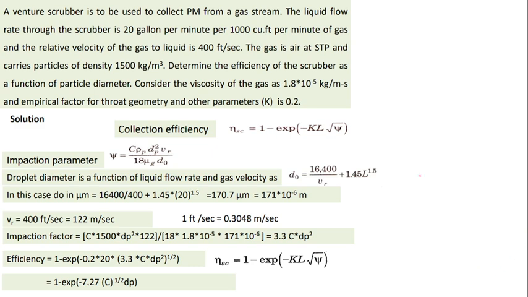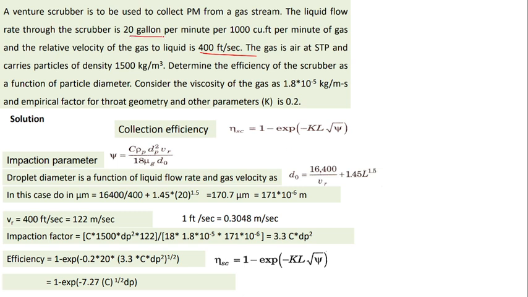So now coming to the solution, as I said, the collection efficiency is calculated using eta is equal to 1 minus exponential of minus KL into square root of psi, and the impaction parameter formula is given here. Droplet diameter is calculated by using this formula. So we are substituting the values now. D naught is equal to 16,400 divided by VR, which is 400, plus 1.45 L power 1.5.